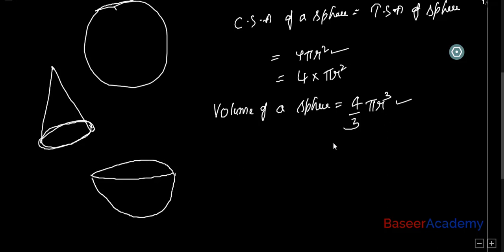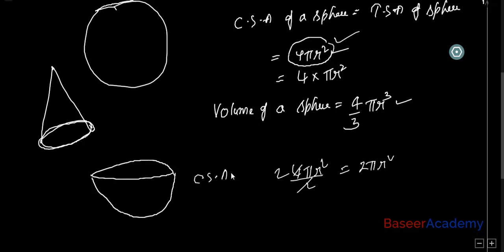Curved surface area of a hemisphere would be half of this, half of the curved surface area of a sphere. Now curved surface area of a sphere is 4 pi r square. Half of this would be 2 pi r square, right? So the curved surface area of a hemisphere is equal to 2 pi r square.